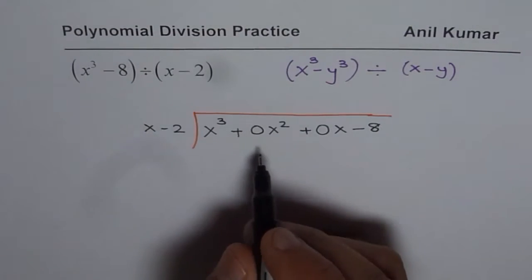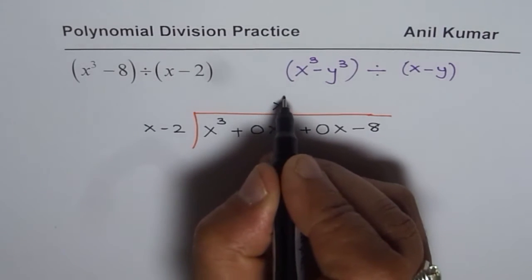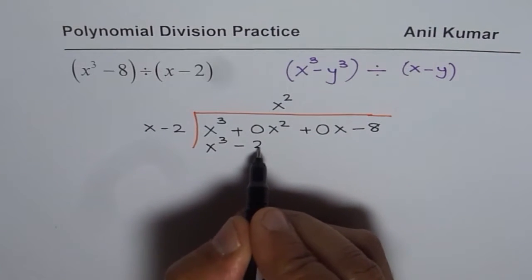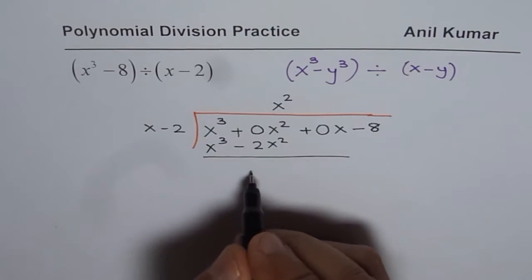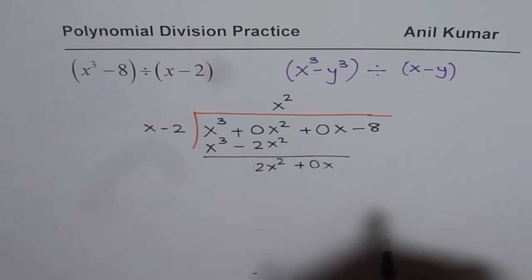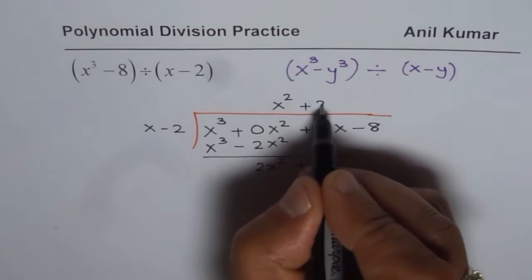So let's quickly divide. We need x cubed from x, so we'll multiply by, of course, x squared. So we get x cubed minus 2 times x squared, and when we take away minus 2x squared, we get plus 2x squared. Bring down the next term, the placeholder 0x. Now we need to multiply by plus 2x.